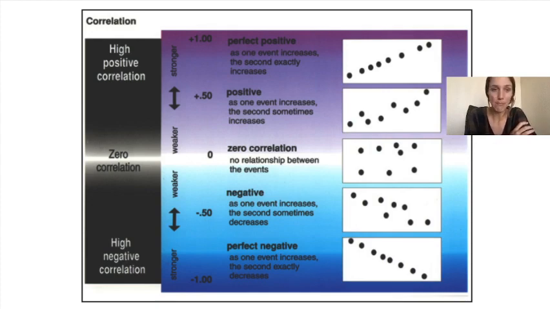So here we have it. We also have the shape of the distribution of data here. Notice that the positive correlation looks like an upward trend. The trend of the data is moving upwards. It means that we're moving up on both the x and the y axis. That's why we call it a positive trend, because we're moving up on x and on y. Negative correlations are a little bit different.